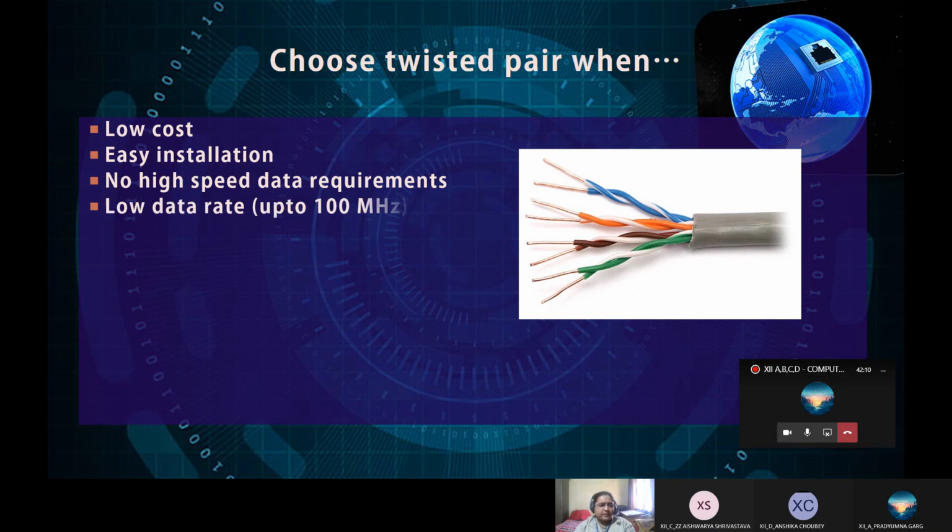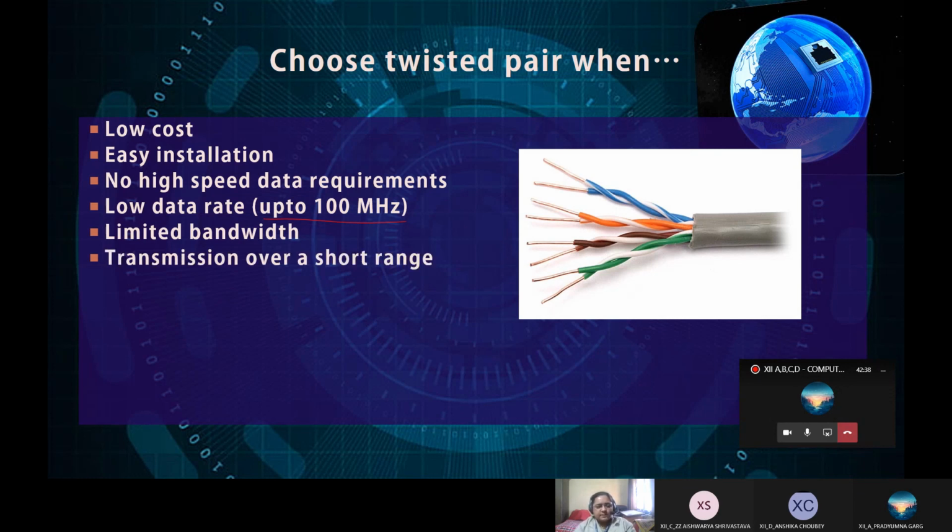Okay, low data rate up to 100 megahertz, limited bandwidth. Now, because we know that twisted pair cables and coaxial cables transmit data in the form of electrical signals, which are continuous sine waves, that will be represented in hertz, megahertz, gigahertz, and so on, because it is the frequency of the wave which is traveling.